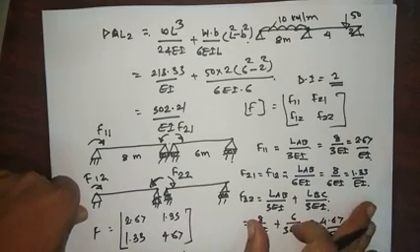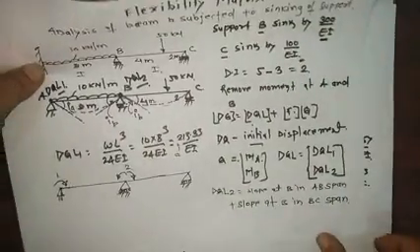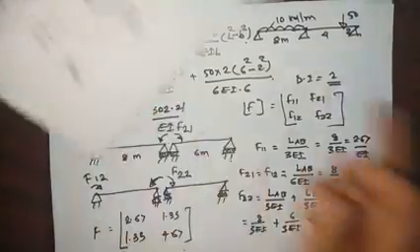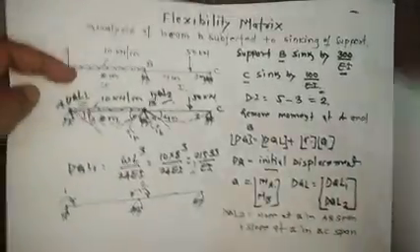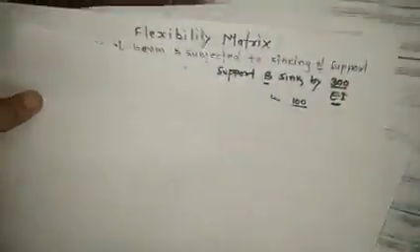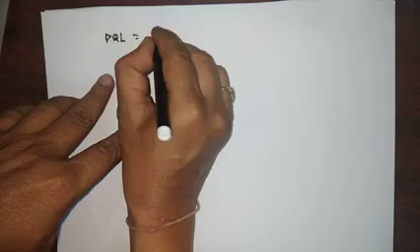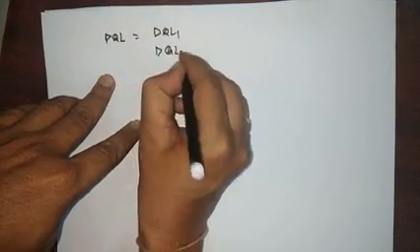So initially we have already the DQL1 and DQL2. So now here you also write the DQL matrix, that is DQL1 and DQL2.